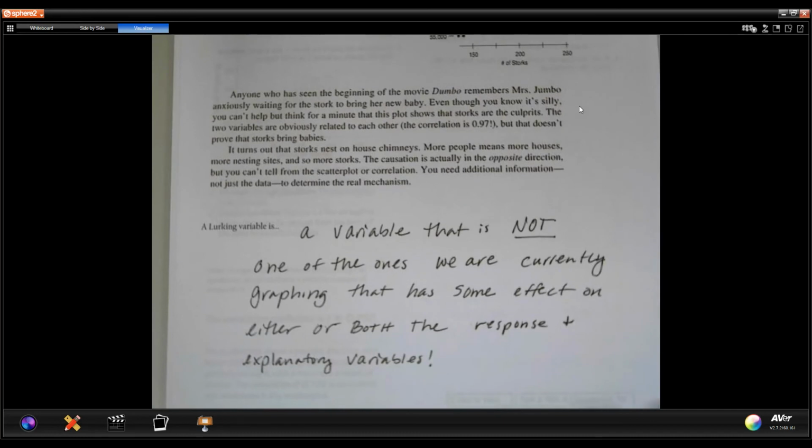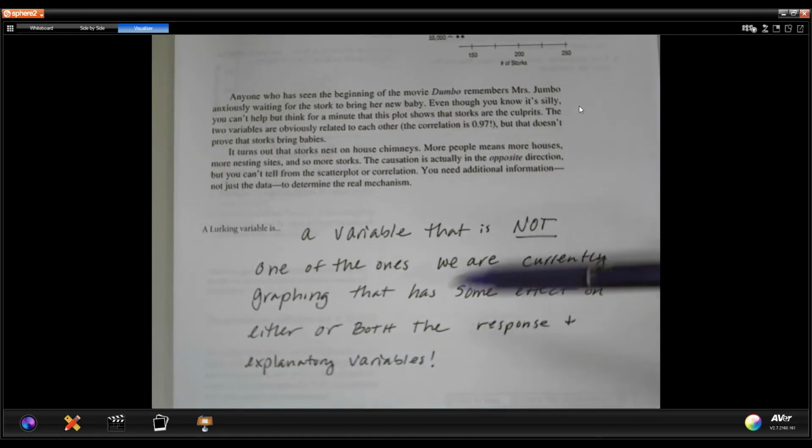And then there's also the whole lurking variable, which we have talked about before, and we'll review it again here. A lurking variable is a variable that is not one of the ones we are currently graphing, that has some effect on either or both the response and explanatory variables.